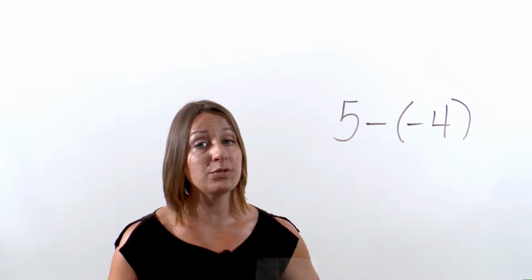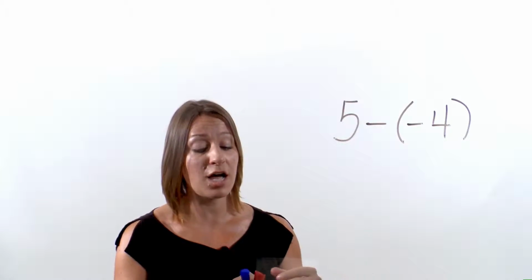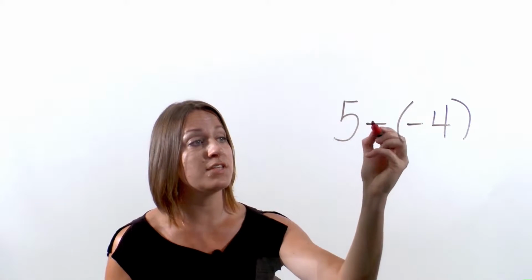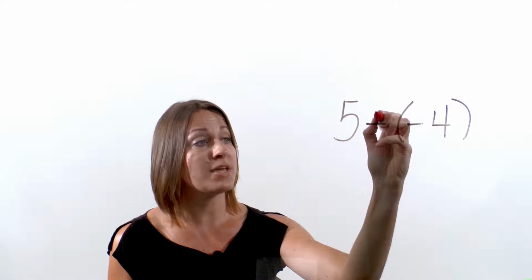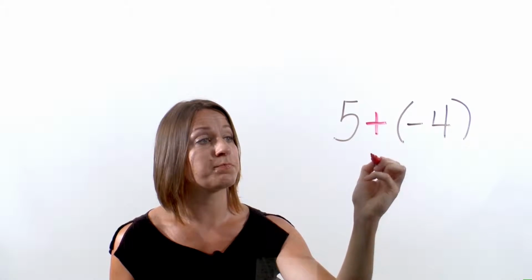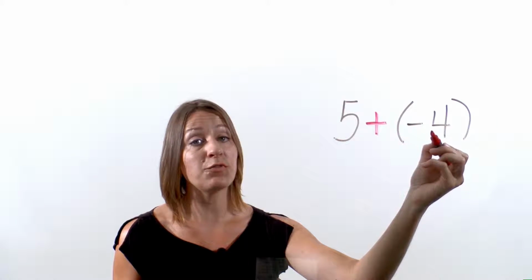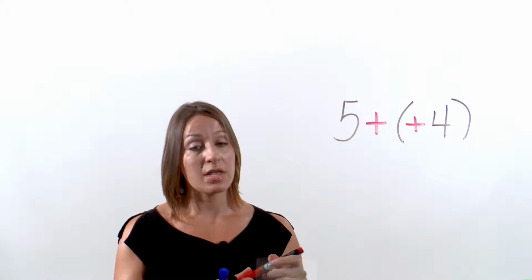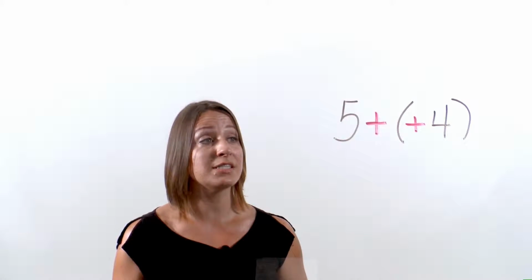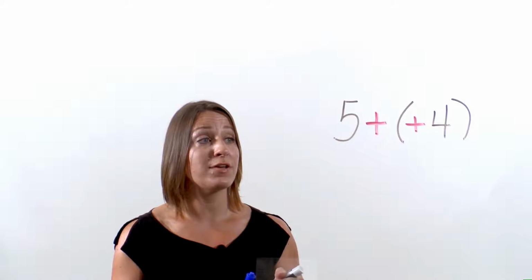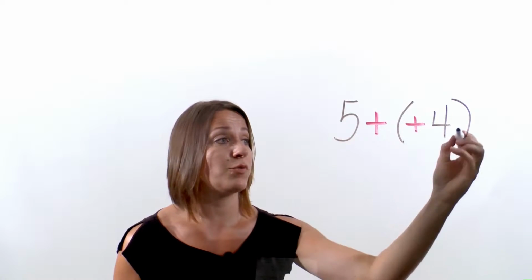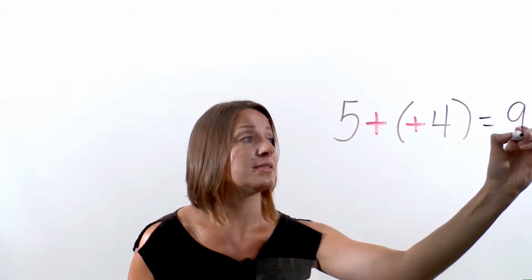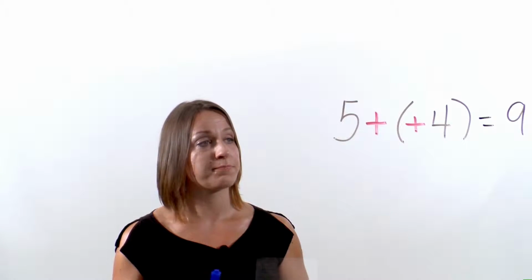If we use the trick, we're going to add the opposite. So instead of this subtraction sign, we make that a plus sign. And instead of a negative 4, this is going to be a positive 4. Then we simply solve this addition problem. 5 plus a positive 4 is a positive 9.